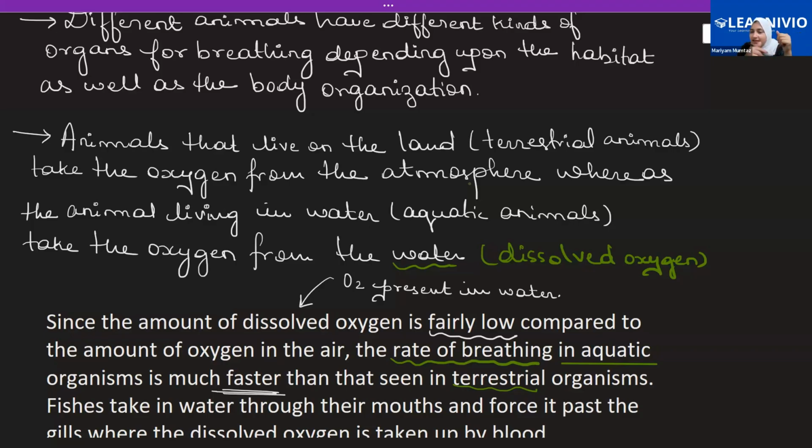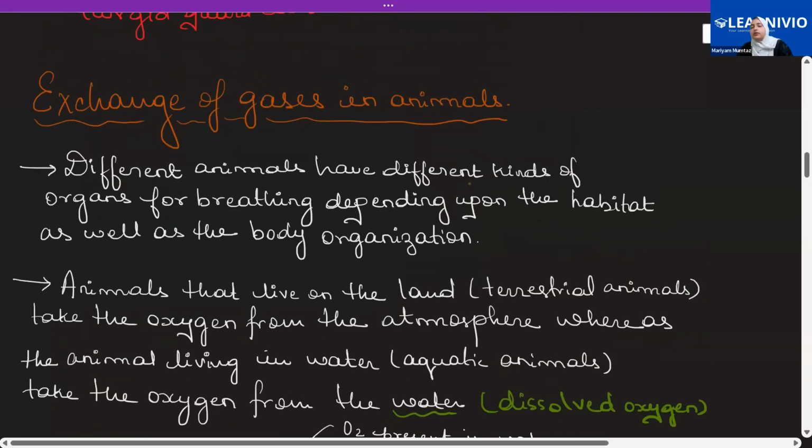The water that has the dissolved oxygen in it, the oxygen that is mixed in the water. So the aquatic animals are going to take up the oxygen from the water itself. Is it clear? Yes, ma'am.